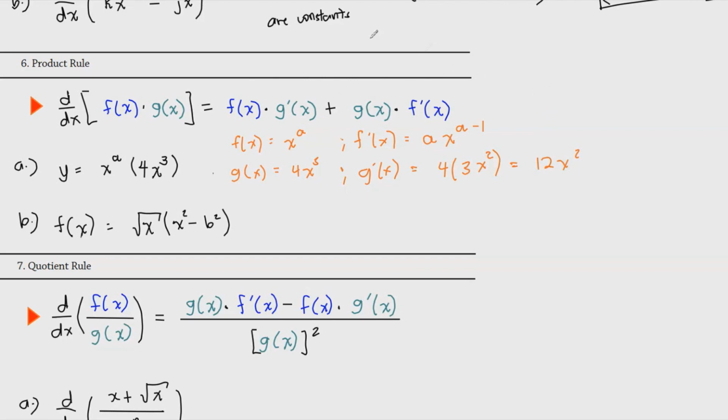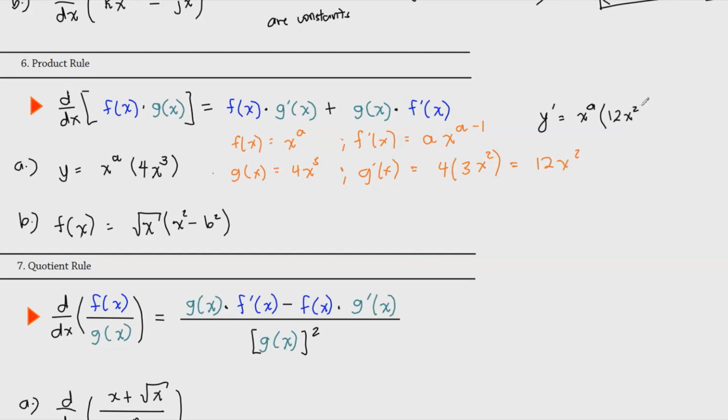So now we'll be rewriting the expression to get the final answer. So with that, y prime, we'll be using the Lagrange notation. So y prime, it says here that we need to copy f of x. So what we get here is x to the a, then multiply with the derivative of g of x. So in this case, that is 12x squared.